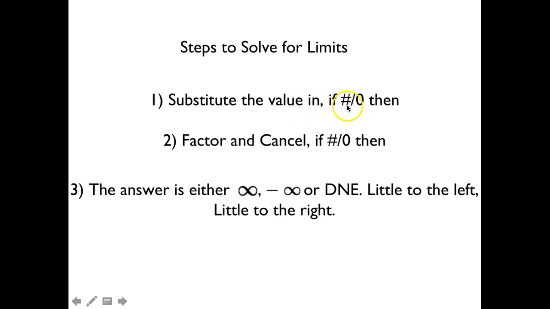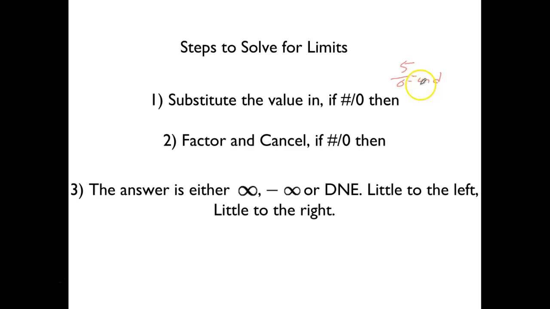If it gives you any number divided by 0, then you need to go to the next step. Because remember, any number divided by 0, like let's say you get 5 divided by 0, that's not possible. That is undefined. And when you get something undefined, that means you ran into a discontinuity.